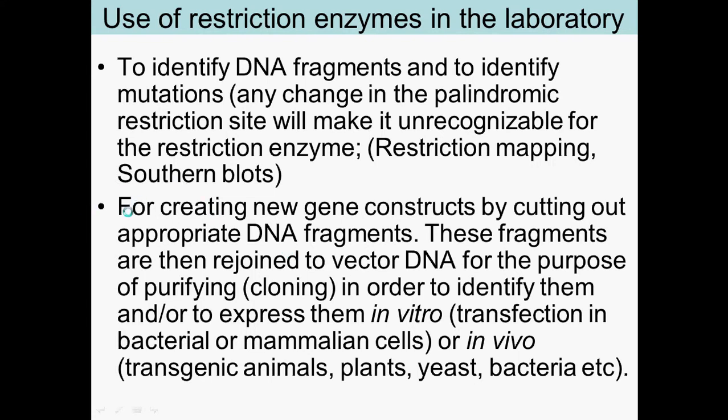You can use restriction enzymes to create gene constructs by cutting genes in different locations, and then ligating them using DNA ligase. The phosphodiester bonds are cut by restriction enzymes, and the phosphodiester bonds are made by DNA ligase.